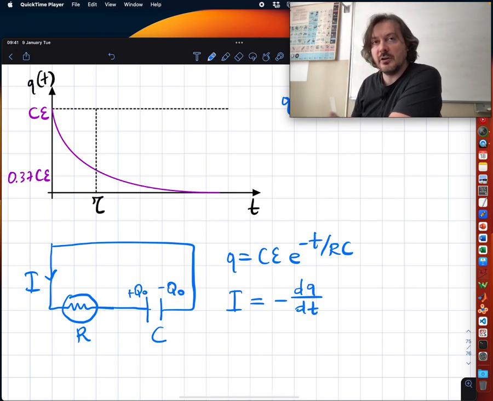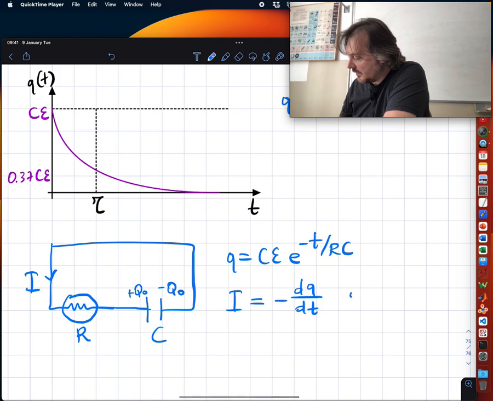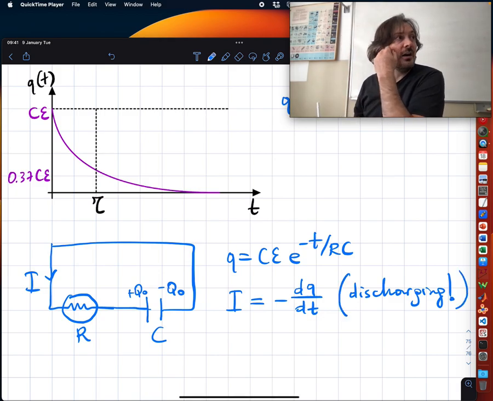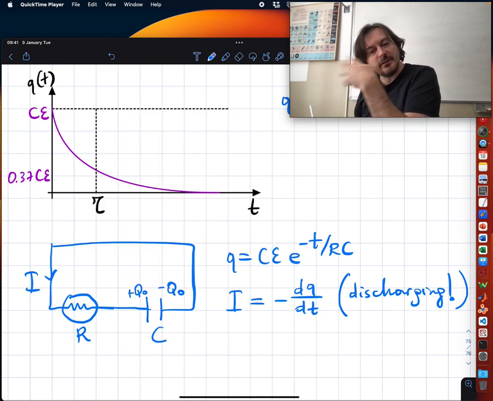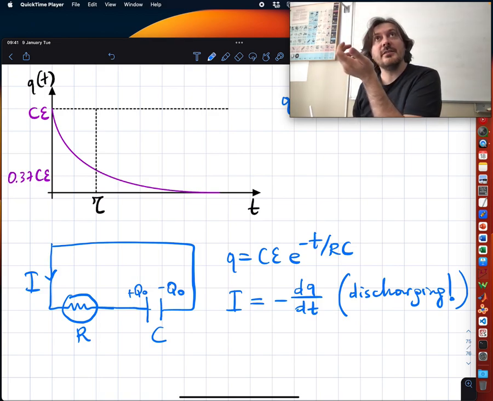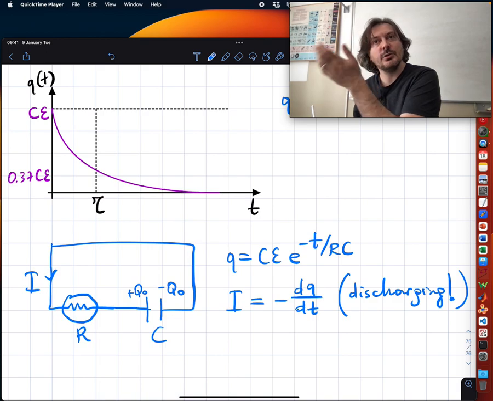Because it's discharging. Depending on how fast it is discharging, the faster it diminishes, the more current I have. That's why it's minus dq over dt.